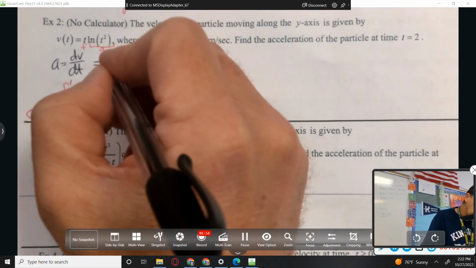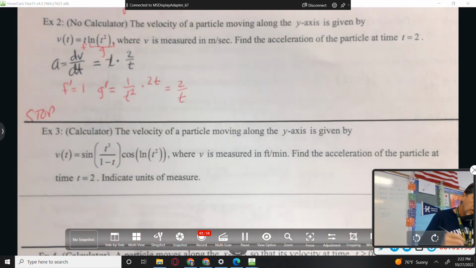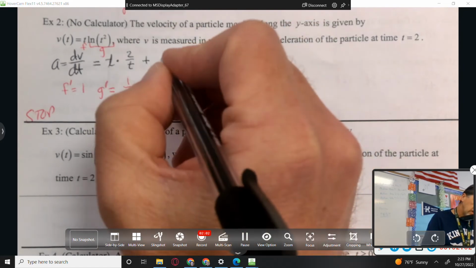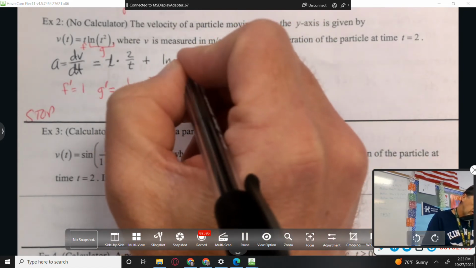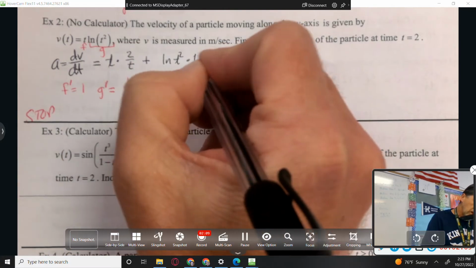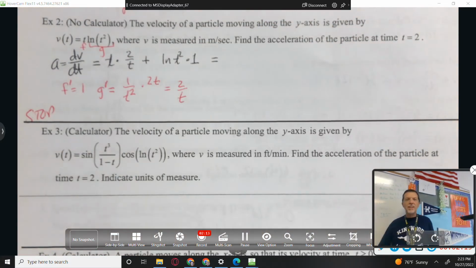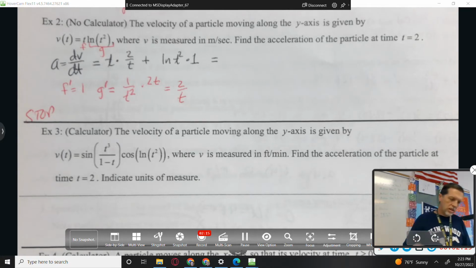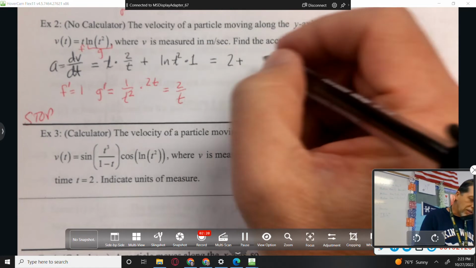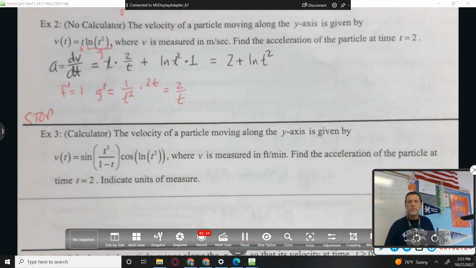So first one times the derivative of the second one, plus the other way around, the second one times the derivative of the first one, which was just 1. All right, that's not wrong. Let's just clean that up a little bit. So the t's cancel. 2 plus ln t squared. The 1 doesn't really matter. So 2 plus natural log of t squared.